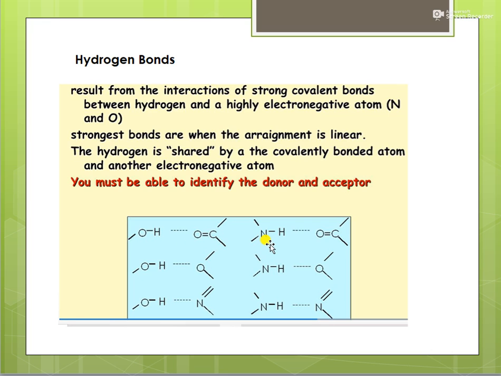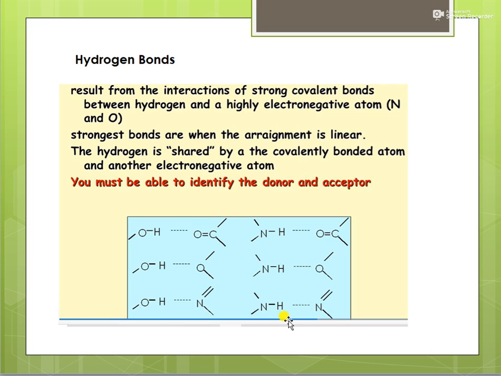Now, in this case, you can see the hydrogen atom is covalently linked to a nitrogen atom, and the acceptor is oxygen. So, the hydrogen donor and acceptor can either be oxygen or nitrogen, depending upon the case in which the hydrogen is being shared.